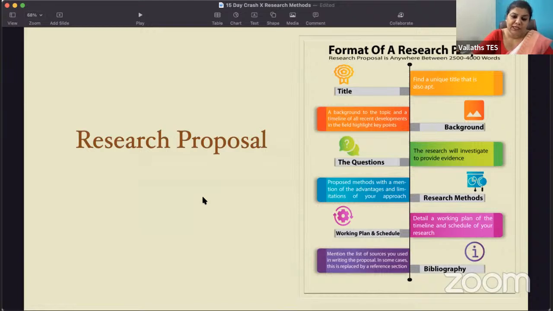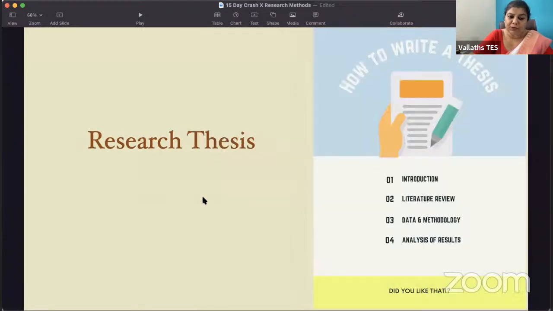Right. So did you understand about the research proposal? And then there may be questions on the research thesis. How to write a thesis? First, you have to give an introduction. I made this picture. Did you like it? Now, in a research thesis, you should write an introduction first, then a literature review, then data and methodology.